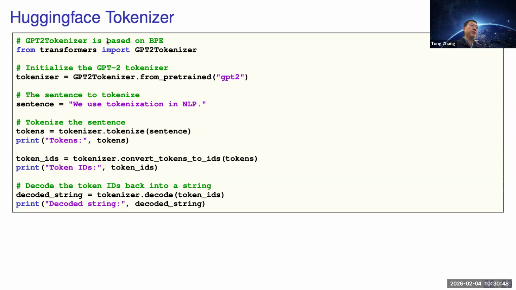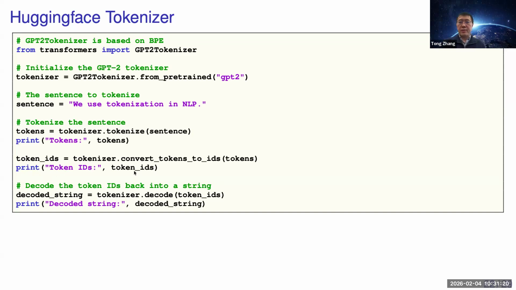You basically use the Hugging Face tokenizer. You just import this tokenizer, and this tokenizer is your GPT-2. Then you tokenize the sentence, and after that you get your tokens. Tokens are the integers, and token IDs you can print.